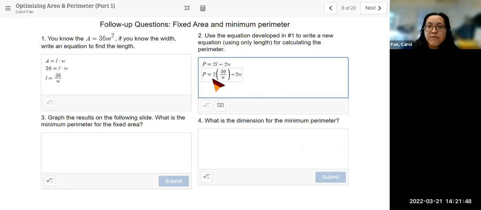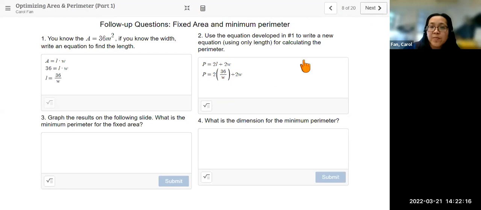So this is a bit of a weird looking equation because our variable's in the denominator. But once I have this, I'm going to put it into my graphing calculator. Now remember, the y axis is represented by perimeter and our x is representing width.